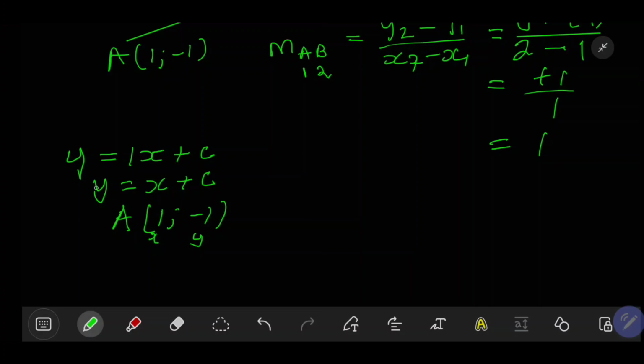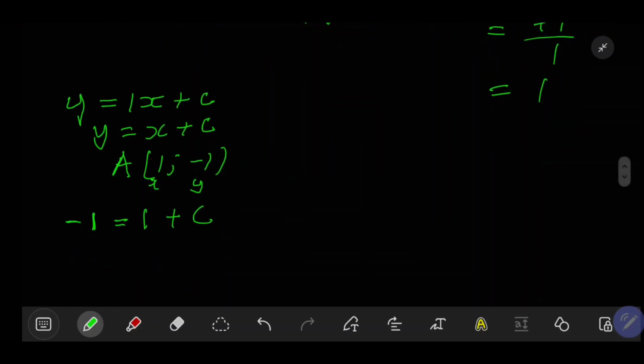Where you see y, we substitute negative 1, so negative 1 equals 1 plus c. To make c the subject, we take the 1 to the other side and it changes sign: negative 1 minus 1 equals c. Then our c value becomes negative 2.